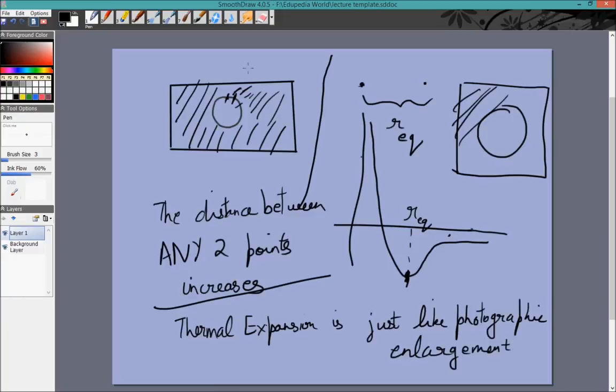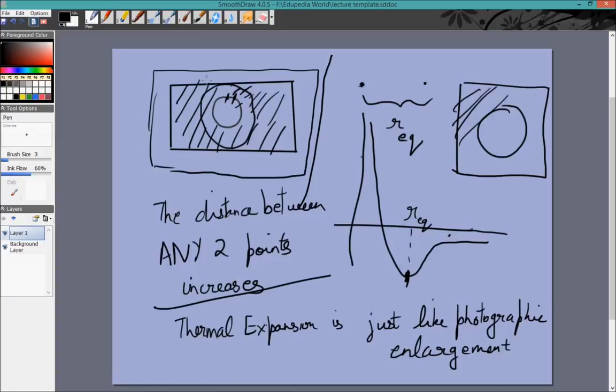You just take the particular object and you rescale it and you increase the size of it. You don't worry about, okay, the area should increase of the material and so the area of the circle should decrease to keep in balance. None of that nonsense. All you need to do is, this is the original object, we just increase the size of everything because the distance between any 2 points increases.